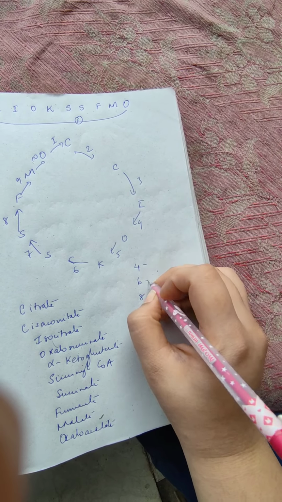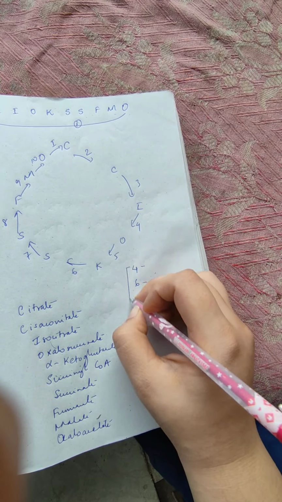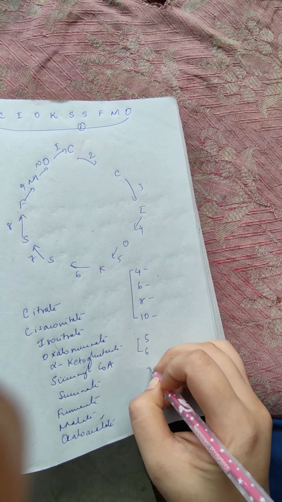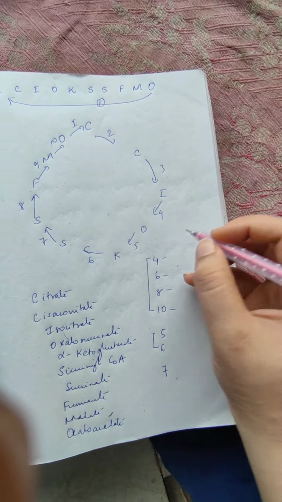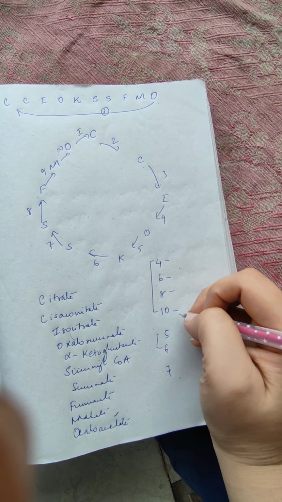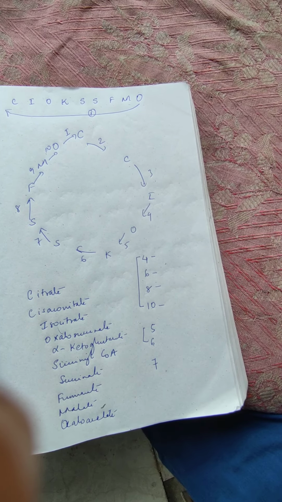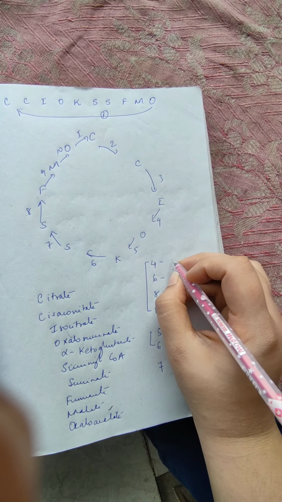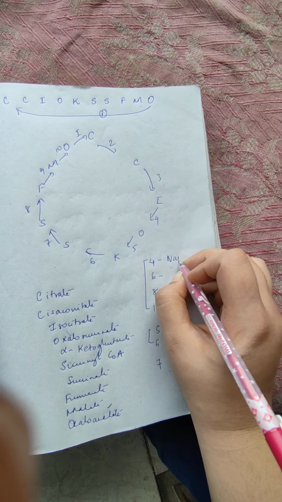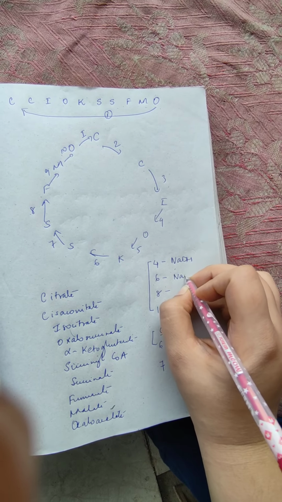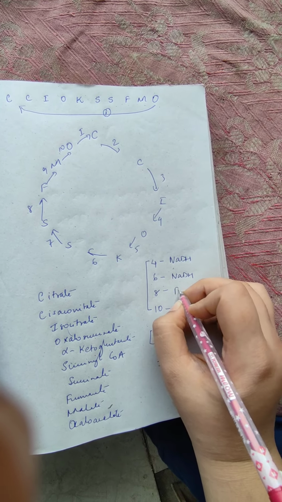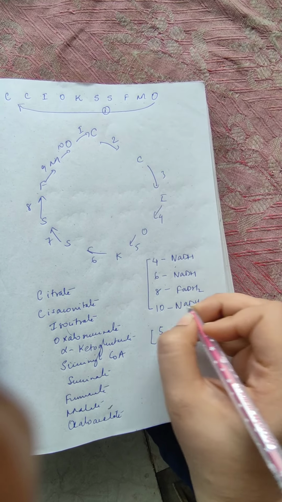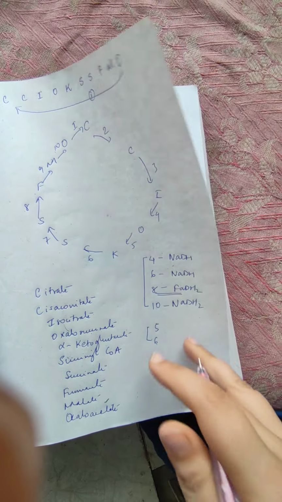Steps 4, 6, 8, 10 are the places where dehydrogenation takes place. At step 4, NADH is produced; at 6, NADH is produced; at 8, FADH2 is produced; and at 10, NADH is produced. So 8 is a bit different.